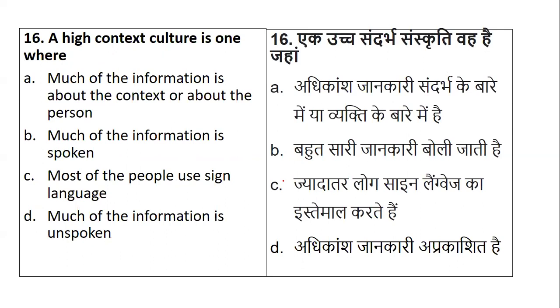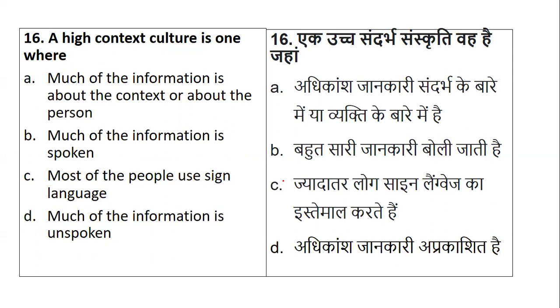Now, see, the next question I have purposely brought immediately after high context culture so you can understand the difference. High context culture is one where much of the information is about the context or about the person, and much of the information is unspoken.